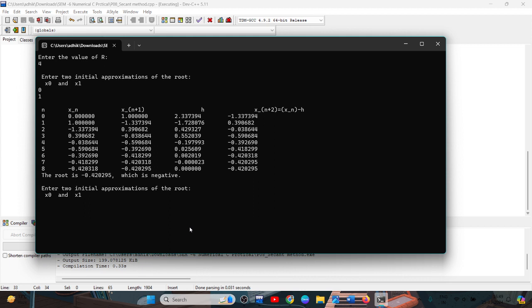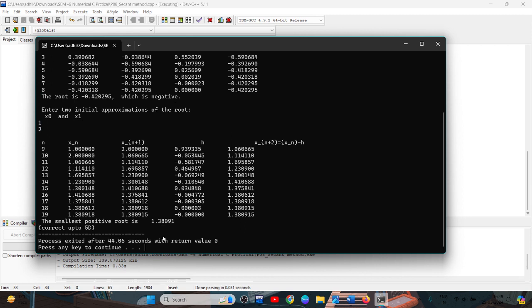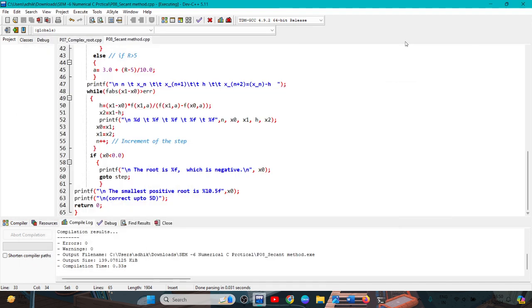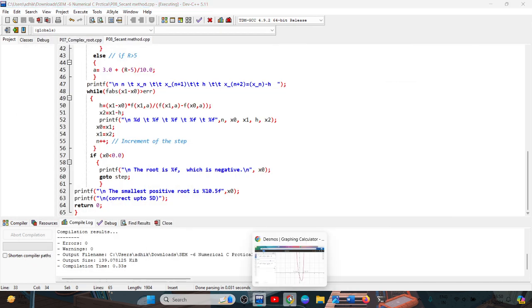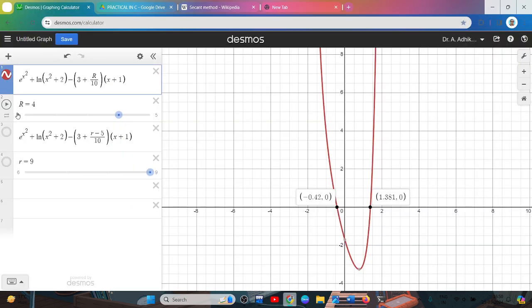Again enter the two initial approximations, 1 and 2, and we get 1.38091 as the smallest positive root. So when r equal to 1, 2, 3, 4, 5 we choose this function, and when r equal to 6, 7, 8, 9 we can choose the other function.